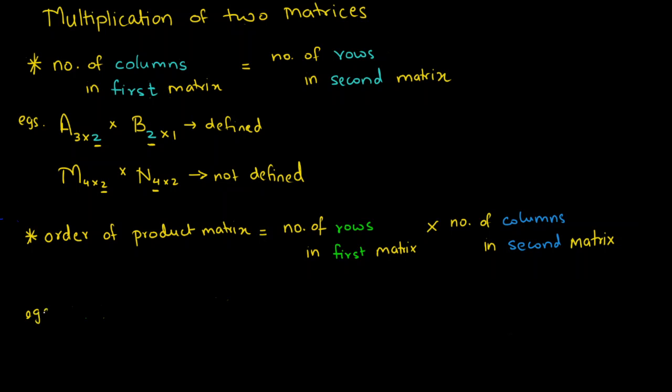If I have matrix A of the order 3 by 2, so 3 rows and 2 columns, and matrix B which is 2 rows and 1 column, so it's a 2 by 1 matrix. First of all, the matrix multiplication will be defined since the number of columns of the first is equal to the number of rows of the second.